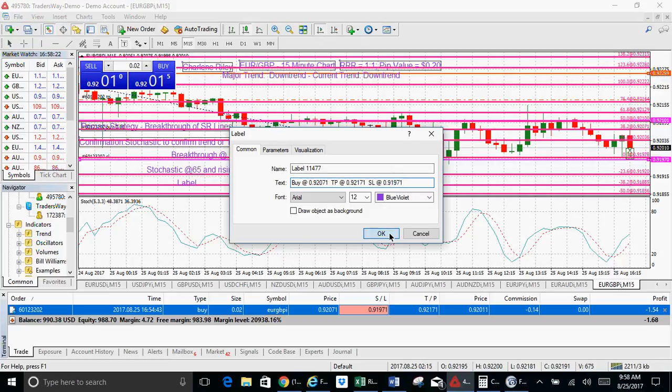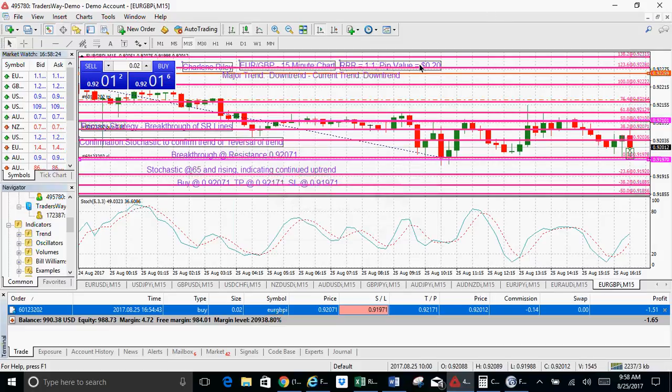So 10 pips up and 10 pips down, which is my 1-to-1 risk-reward ratio.